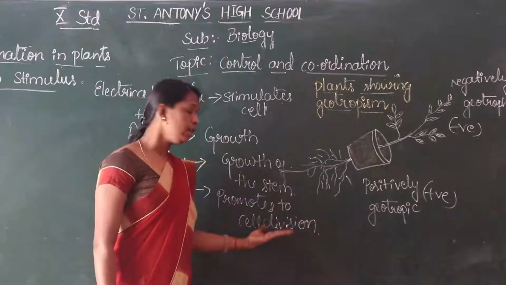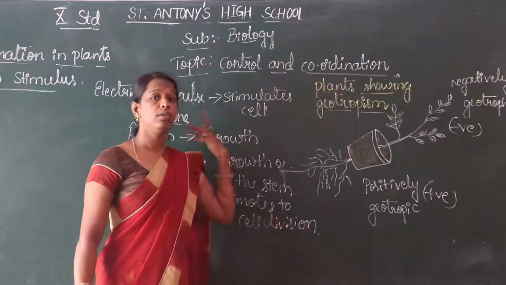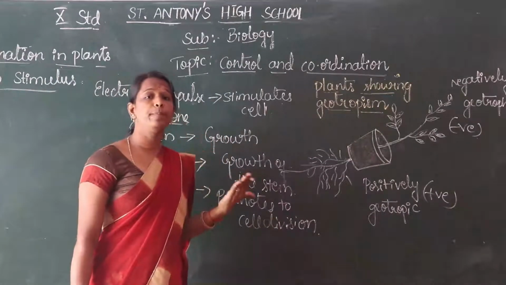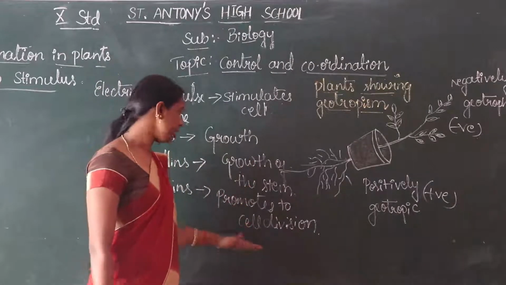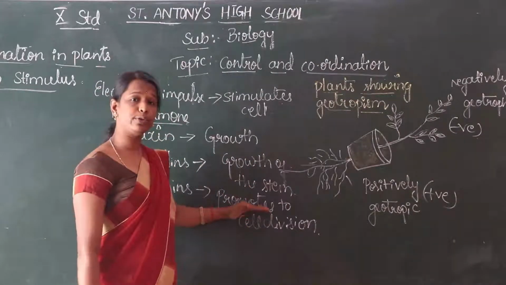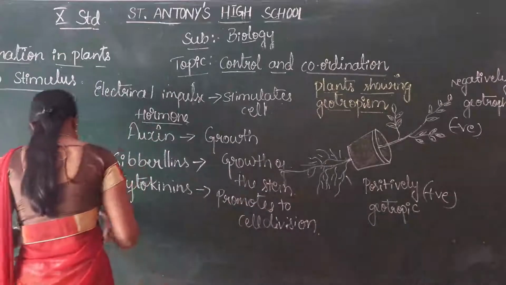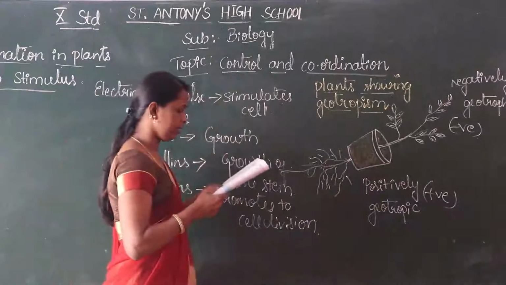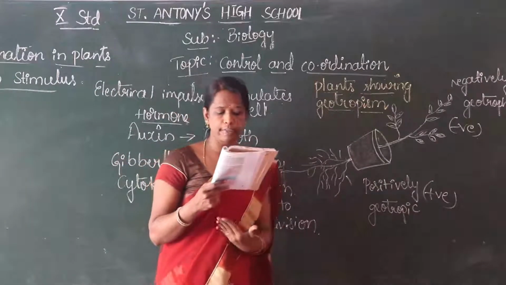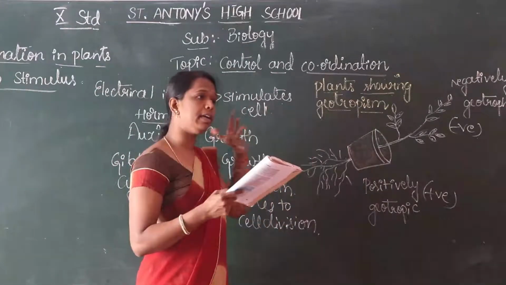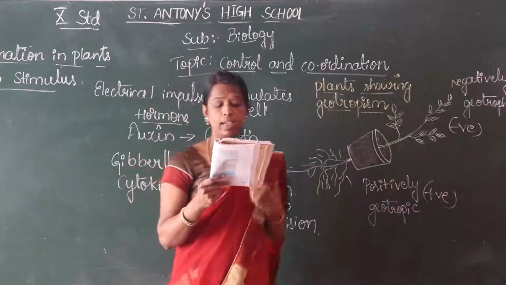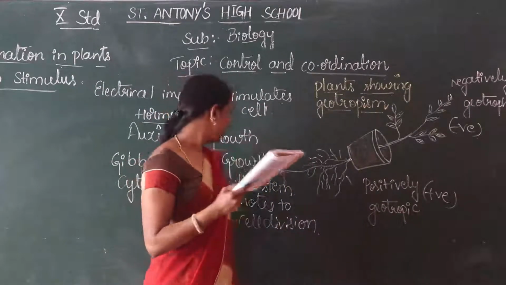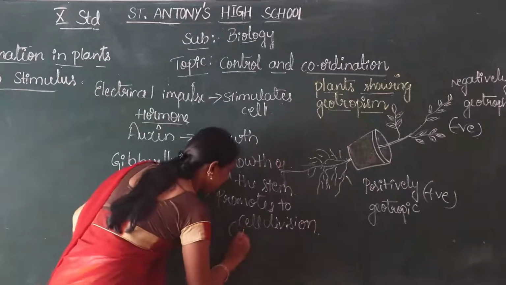You know from the introduction, the mother cell is divided into 2 daughter cells, and again it will be divided into 4 daughter cells. Like that, it helps to promote cell division. Usually gibberellins and cytokinins promote cell division. The concentration is greater in areas of rapid cell division, such as in fruits and also in seeds.